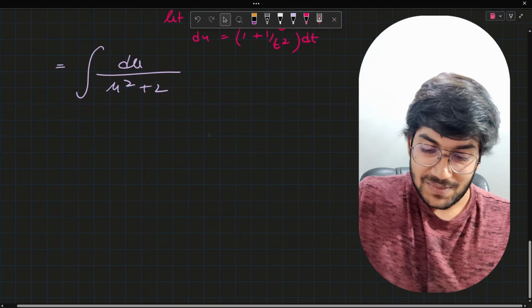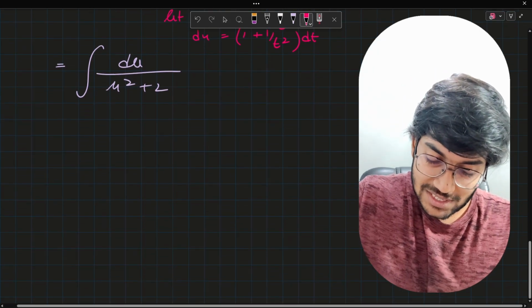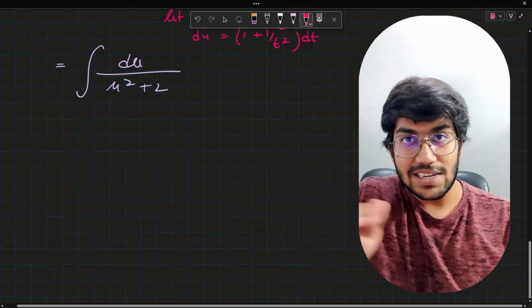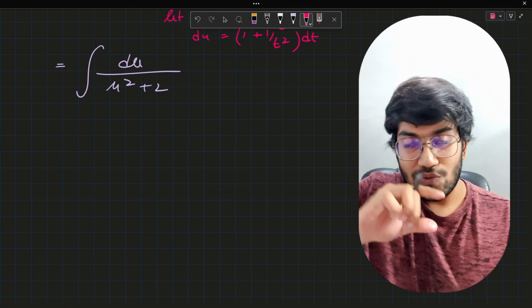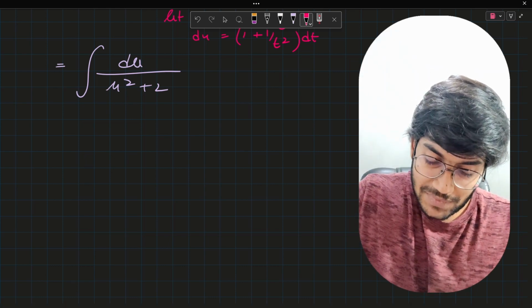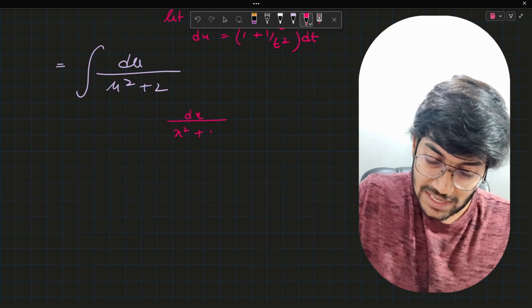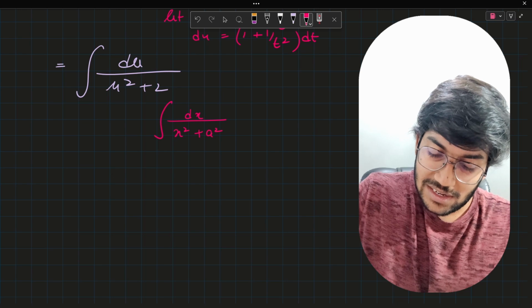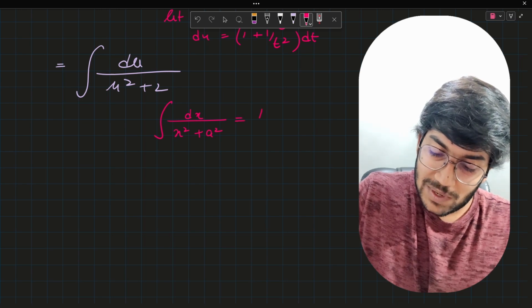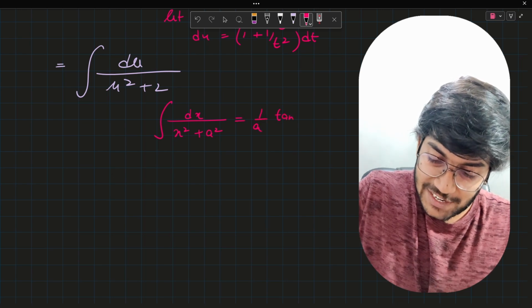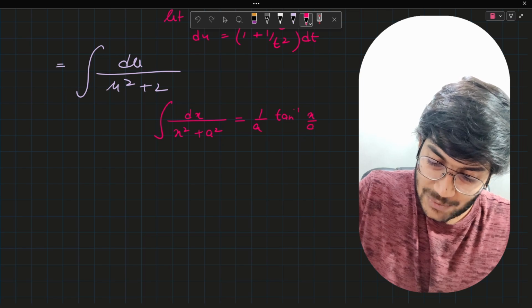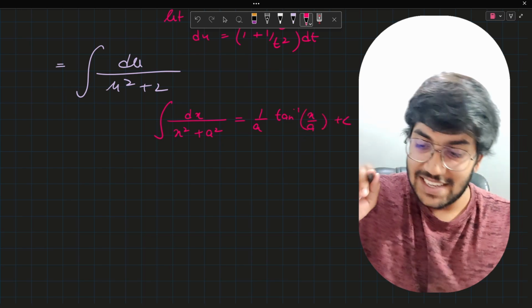The formula goes like this: the integral of dx over x square plus a square is equal to 1 by a tan inverse x over a plus c.